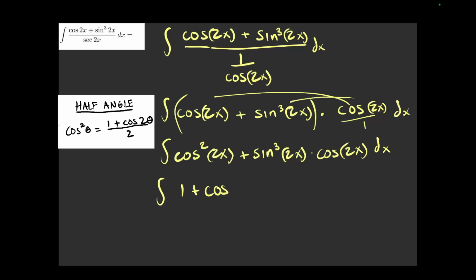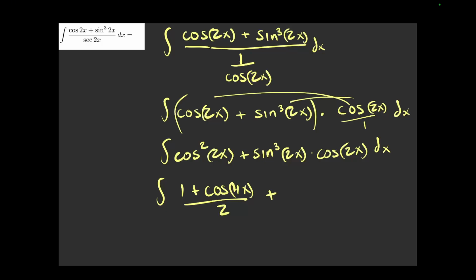But since we have a 2 here, we multiply the 2 here with the 2 in the formula. So that will give us 4x divided by 2. And then right off the bat, we can split this integral.